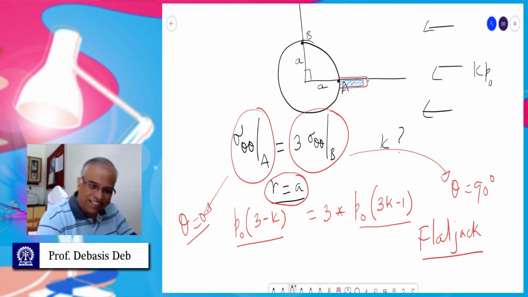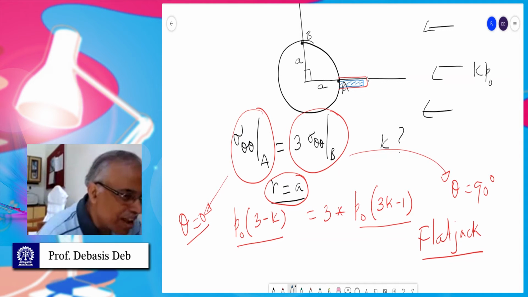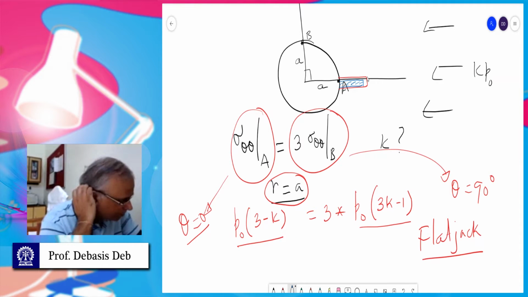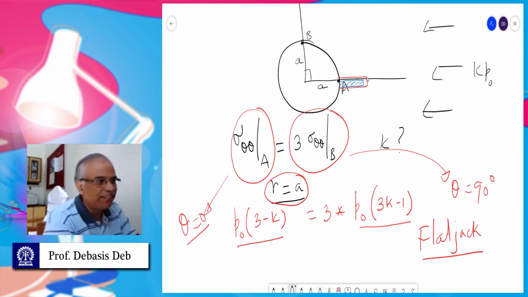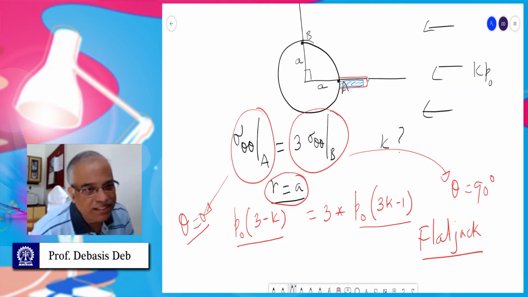Never seen a jack? Just describe the jack. How does it look? Have you seen anybody fixing a tire? Let's say the tire got flat. He's fixing the tire. How did he put the car up?